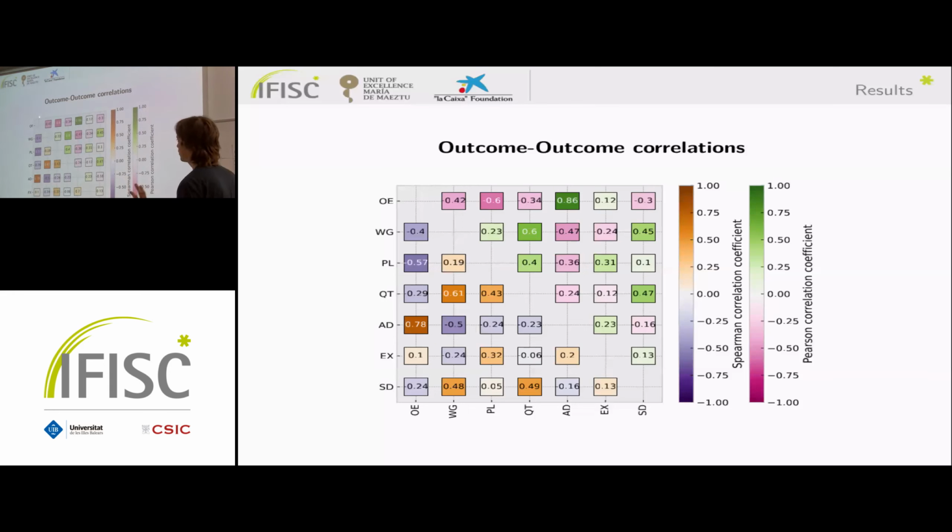I think the most important feature, the thing that you should remember for the other plots, is that the overall efficacy is anti-correlated with most of the outcomes, excluding AD, which is all-cause discontinuation, which basically means I'm quitting the treatment.